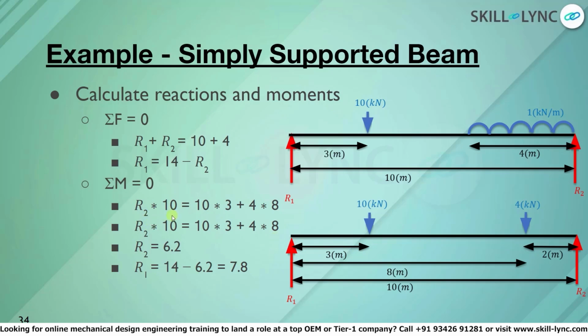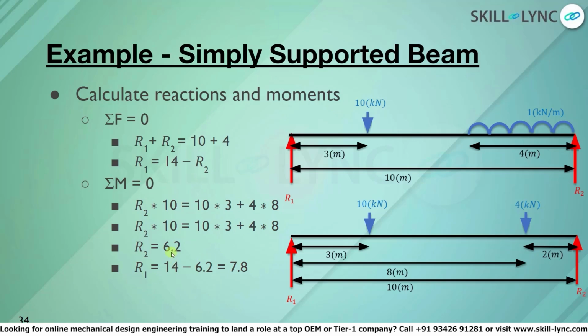R2 into 10, R2 being the reaction force at the second support and 10 the distance at which R2 acts from R1, is equal to the forces acting downwards. And for this we can say that 10 into 3 plus 4 into 8. So therefore from this calculation R2 will be equal to 6.2.